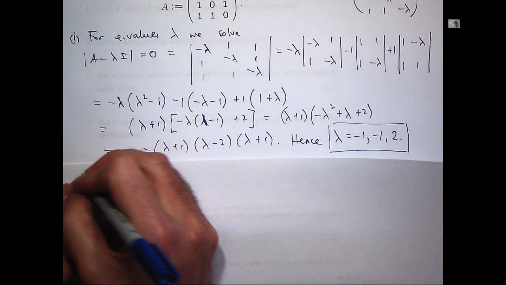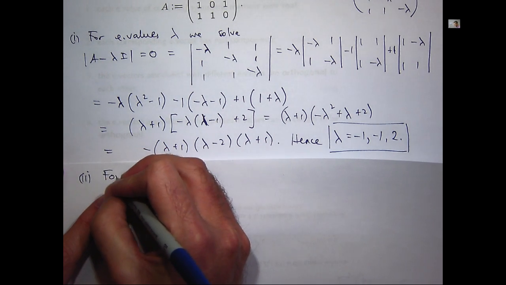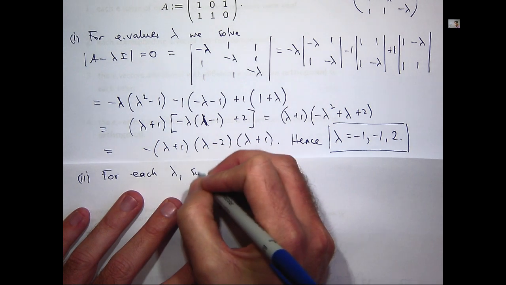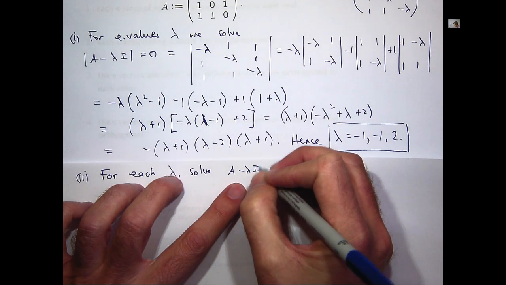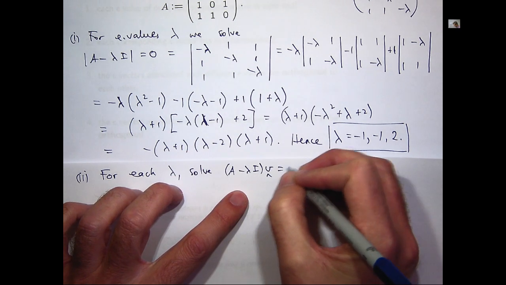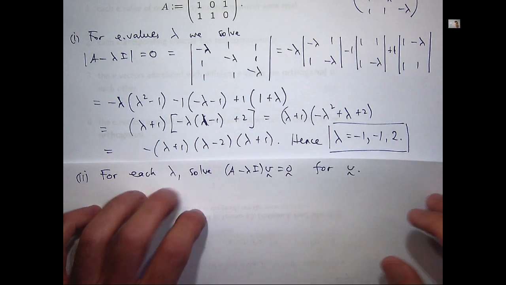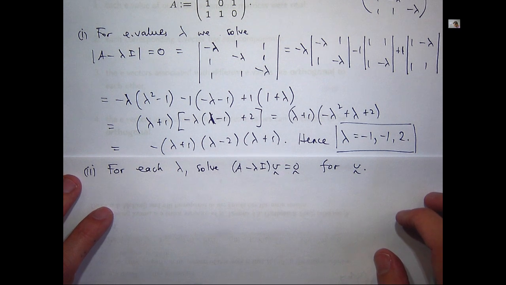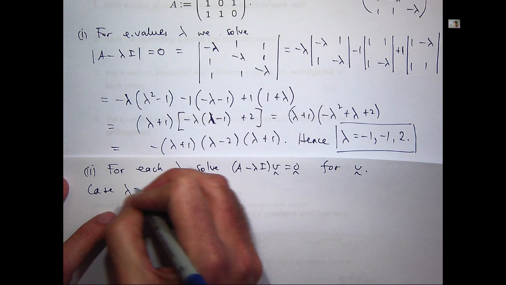So this is part 2 now, where we're calculating the eigenvectors. So for each lambda, solve the following. All right, so let's discuss the case lambda equals minus 1.